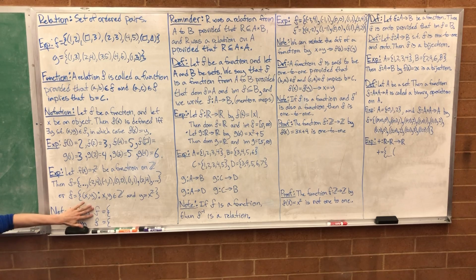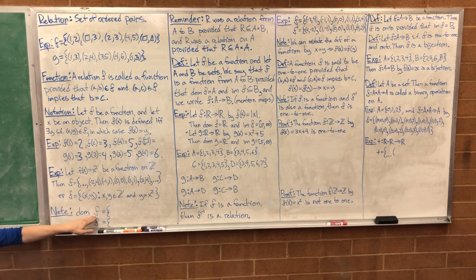Since a function is just a relation, it also has a domain. Make sense? Now, we talk about the codomain of the relation when it's a function as its image. So we don't say the domain and the codomain, because codomain, we'll see what we mean by that, gets changed down the road.